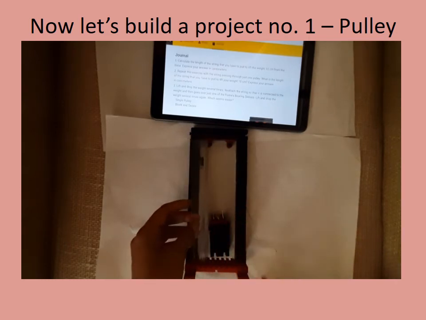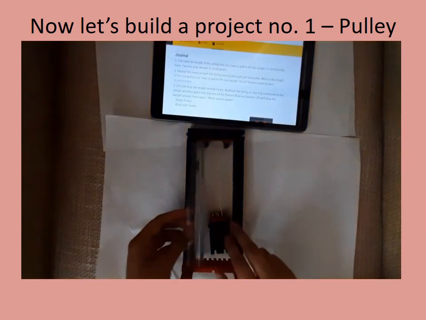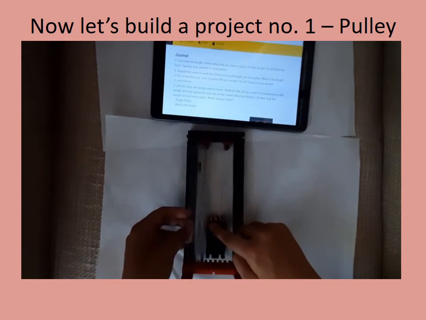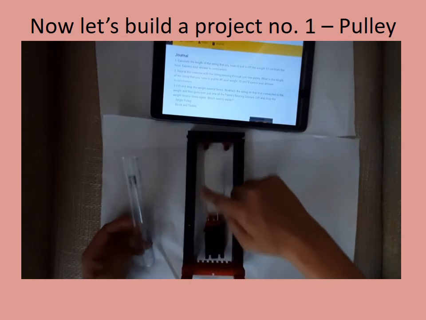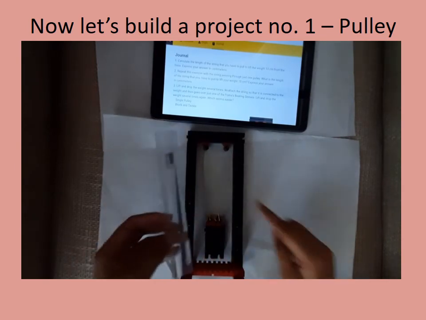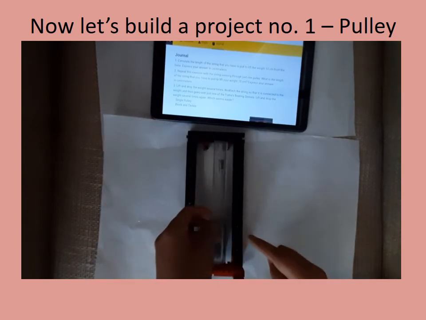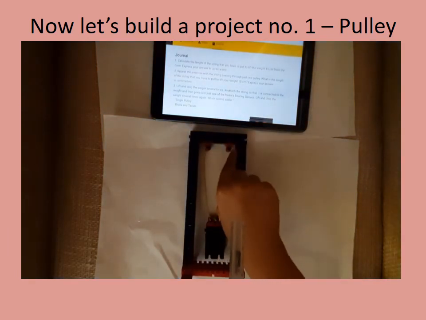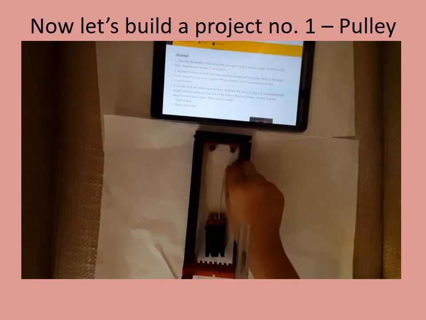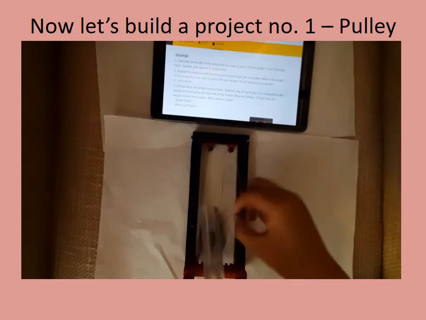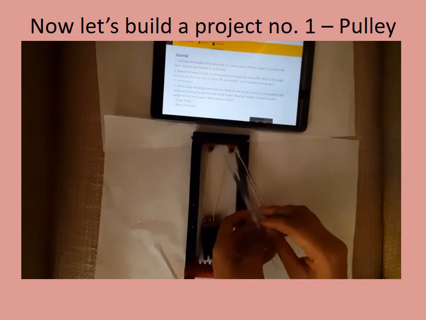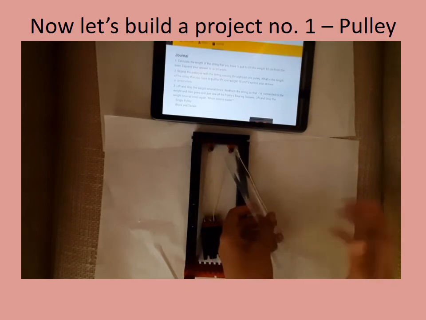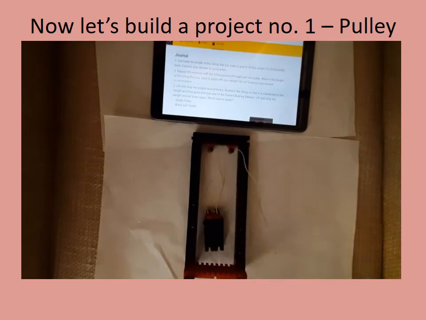So I am calculating the length of the string from the fixed pulley to this end where it is fixed. It is 7 centimeters from each side. So 7 plus 7 is 14. And this part is for pulling the rope. It is around 8 centimeters. So you calculate and write your answers.